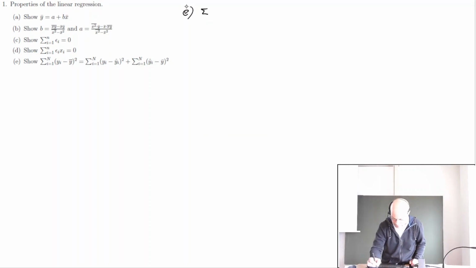So this is the sum over yi minus y bar squared.